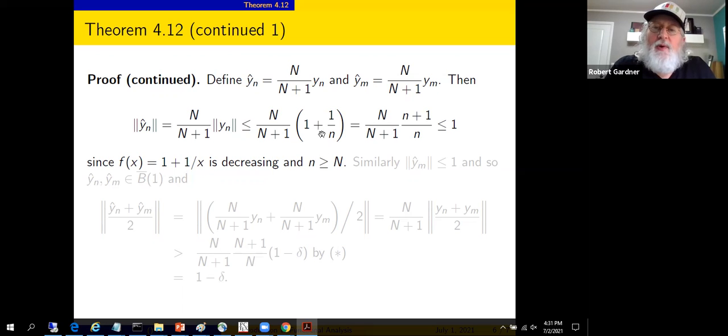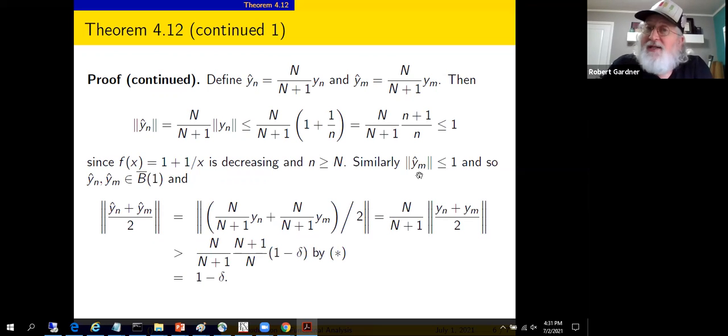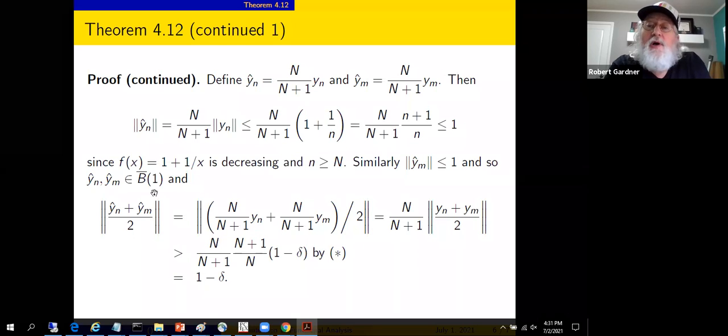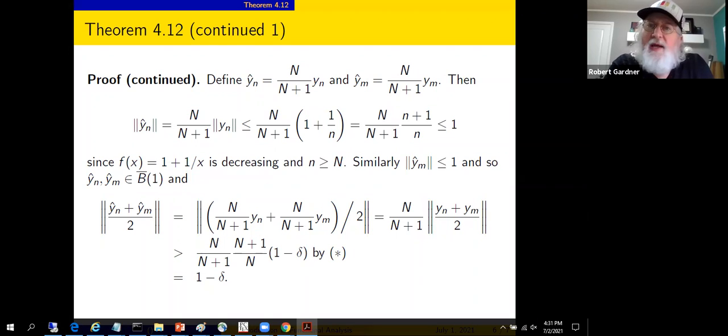When the little n's get bigger than capital N, this gets smaller, which is kind of clear from the formula. That gives us an upper bound of 1 on the norm of y sub n hat, and you can do the same thing for y sub m. It's defined in the same way. So we get y sub n hat and y sub m hat to be vectors of norm less than or equal to 1. They're vectors in the closed unit ball.